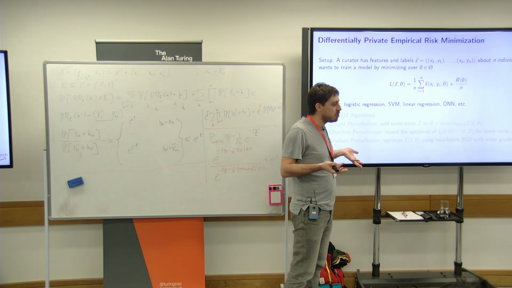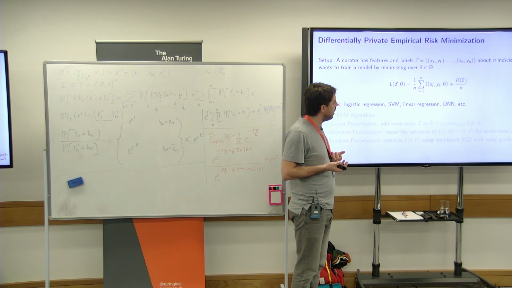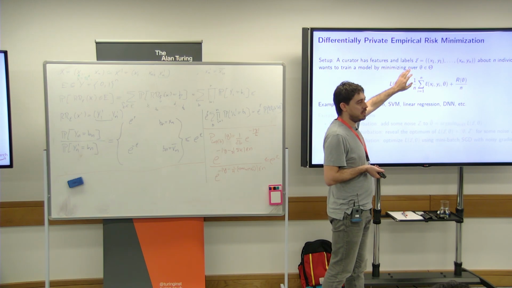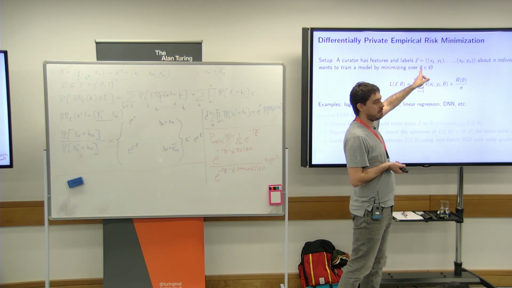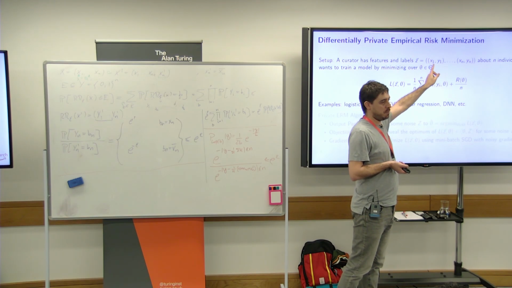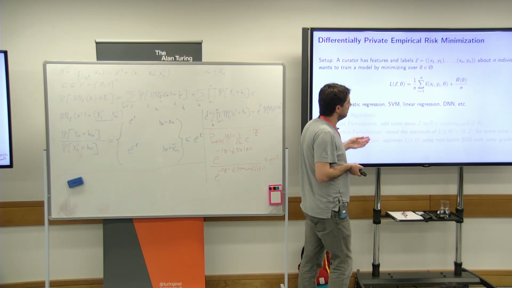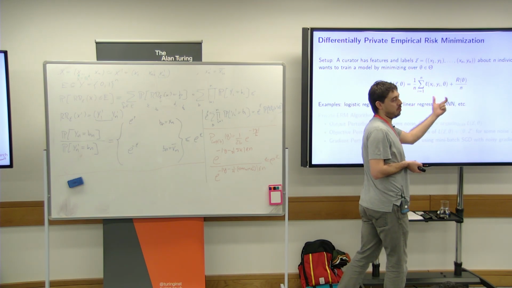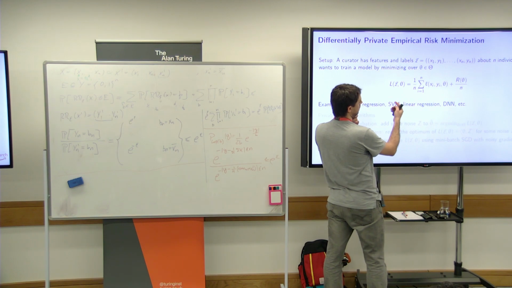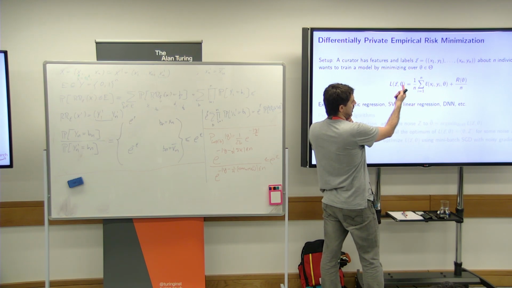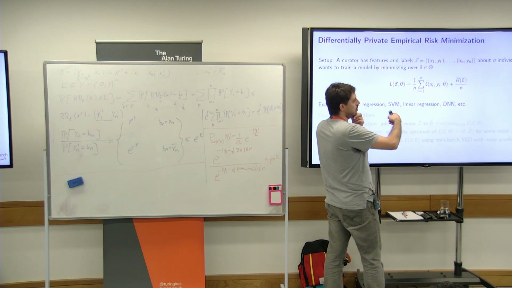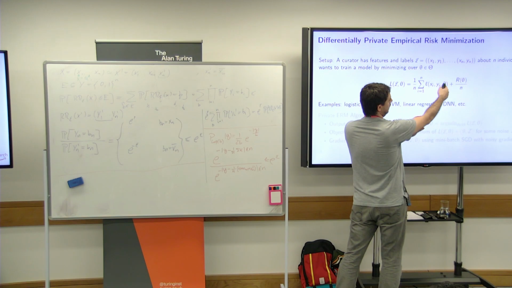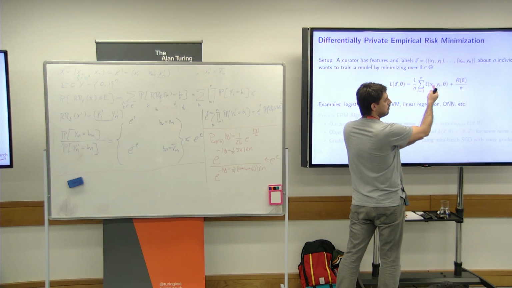So the query that the curator wants to run is to use this data set Z and perform what we call empirical risk minimization, which is to find a parameter vector theta in a space of parameters capital Theta that minimizes the empirical risk, or in this case, a regularized empirical risk. The empirical risk says if you have data Z and you've picked parameter theta, your risk or error is the average of the error that theta has on each particular XY pair.